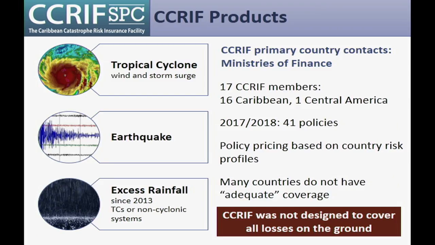And I think this point came up yesterday maybe about involving ministries of finance. One of the key things with CRIF is that our primary contacts in the countries are the ministries of finance. Because it's an insurance product that countries are purchasing, obviously the final decision needs to be made by the Ministry of Finance, but we do encourage highly, I mean it's not a requirement because we can't require it, but we do encourage the ministries of finance to make these decisions in collaboration with the disaster management agencies and the meteorology agencies, earthquake agencies, and so on.